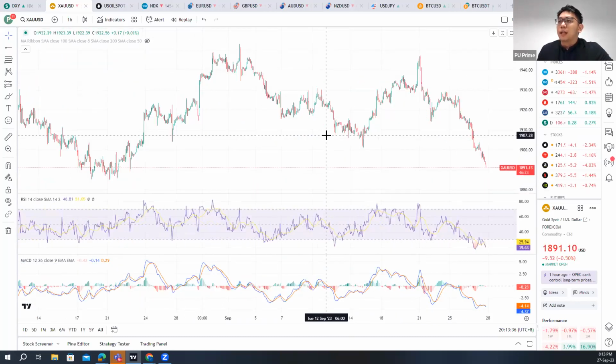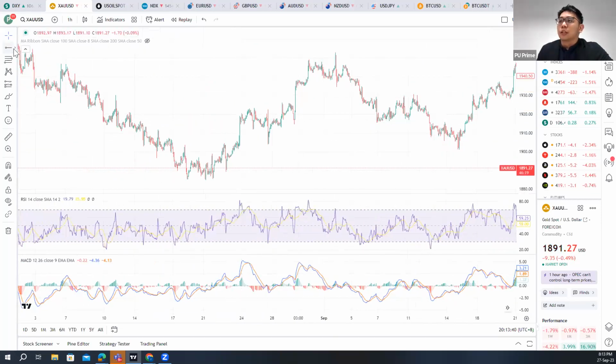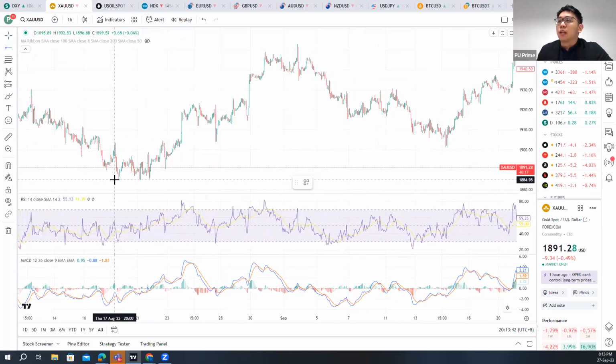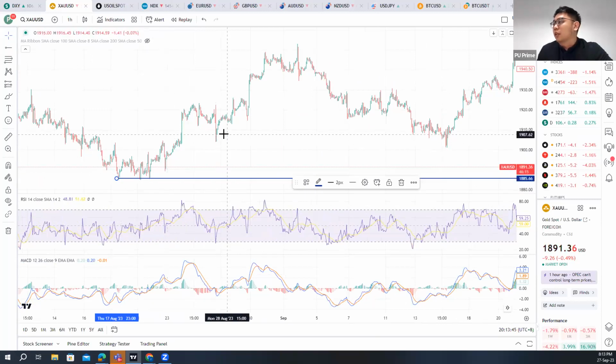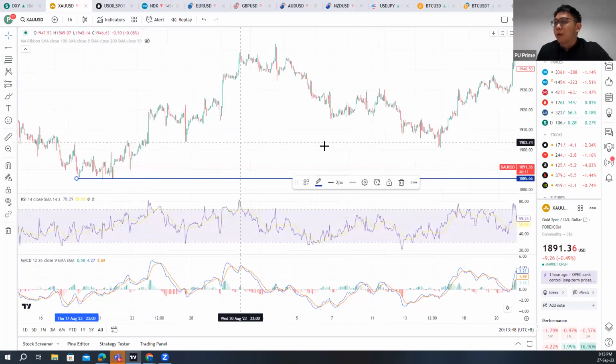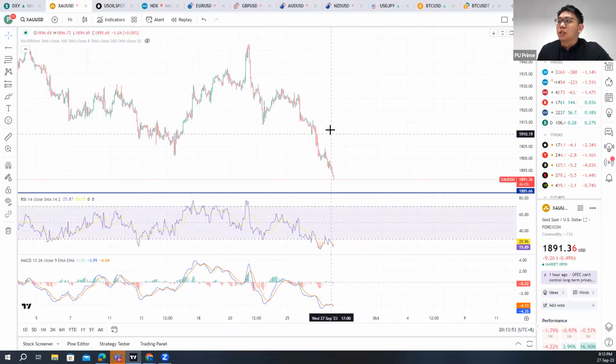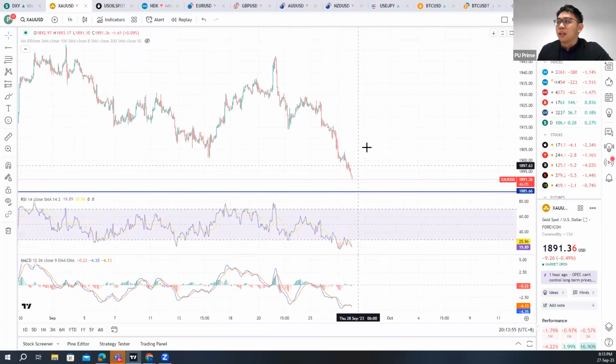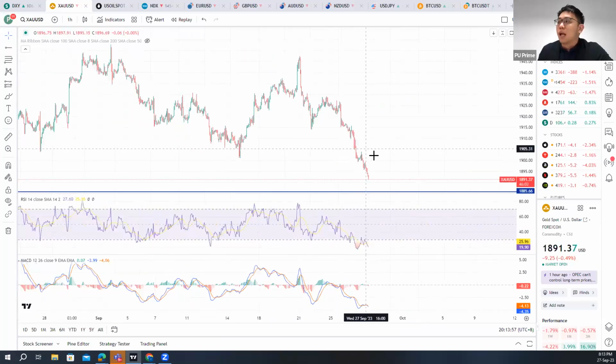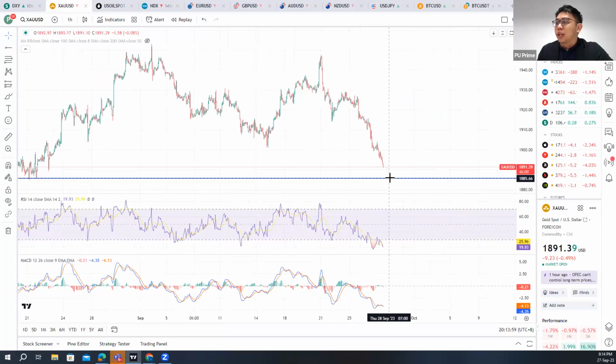So technically speaking, we have a strong support level at nearly 1885.5, about this range. But we can see from here that gold is trading with very strong bearish momentum and is approaching this support level.